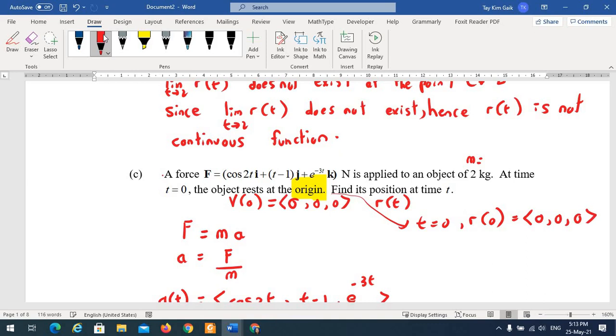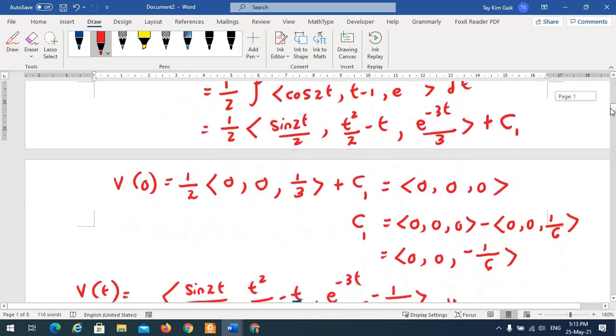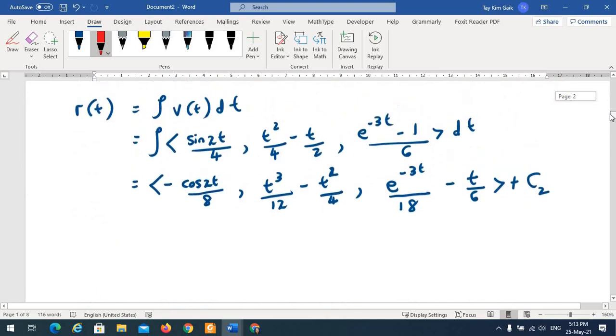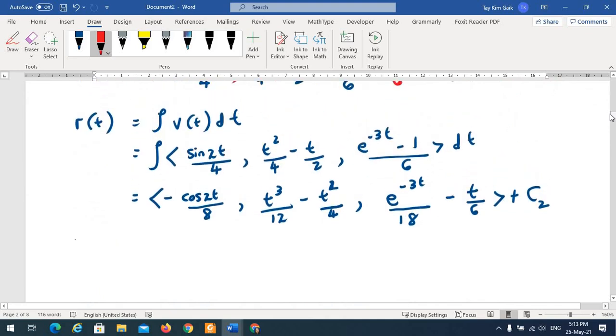So the vector valued function R(0), you have 0i plus 0j plus 0k. So with this you can find vector C2. So this is R(t), then R(0). When t = 0, okay, it rests at the origin, so the vector R there is 0, 0, 0.